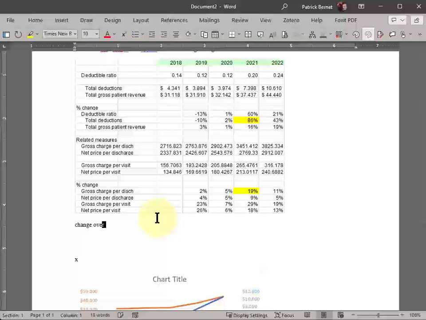So you would look at your change over time where you would say in the ratio and the components. So you're describing why the ratio changed. And remember, in this case, we found out that the ratio changed mostly because there was a big increase in the amount that we were billing. But that's what you would talk about when you were talking about your change over time.